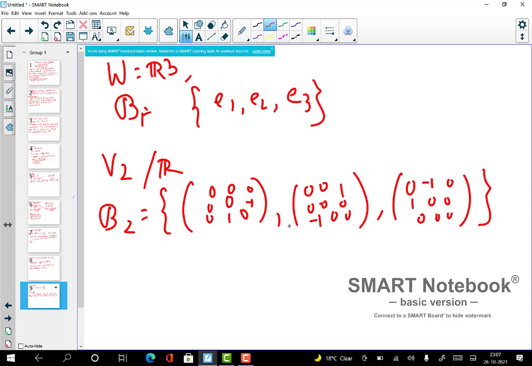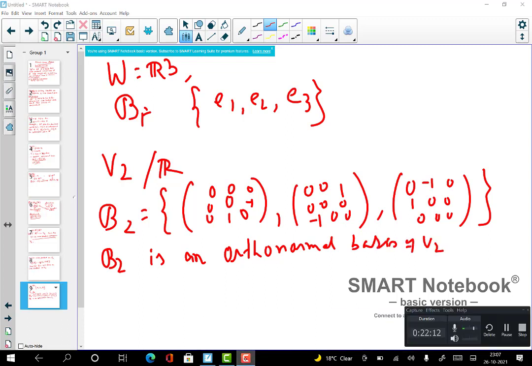Now you see that this will form an orthonormal basis of V2, and you can easily prove this. Let me give the proof quickly.